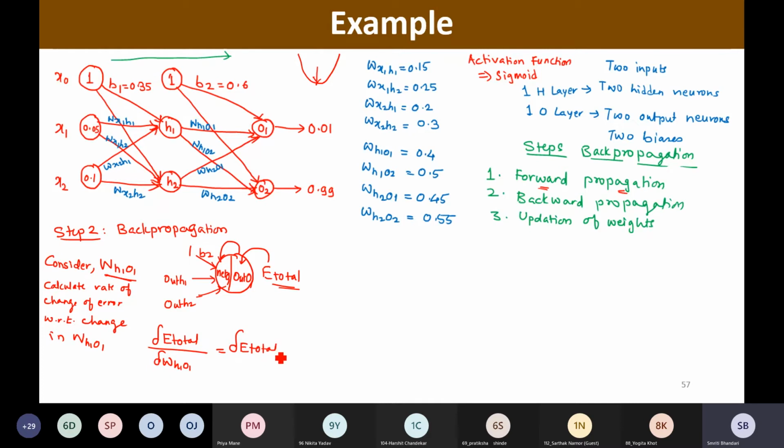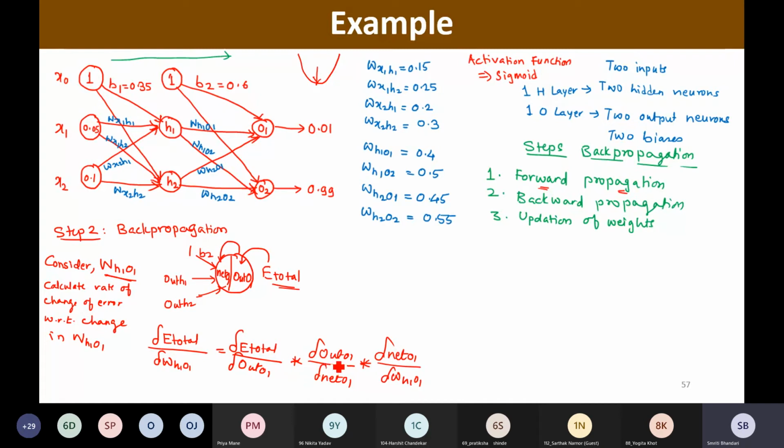So, partial derivative of E total with respect to out O1, into partial derivative of out O1 with respect to its input net O1, into partial derivative of net O1 with respect to this weight, WH1O1, right? So this is what we would like to compute.